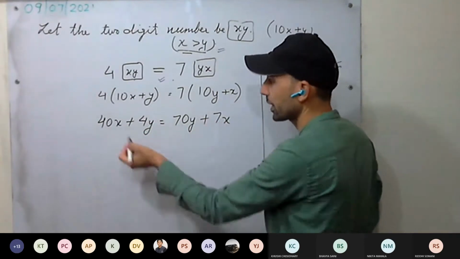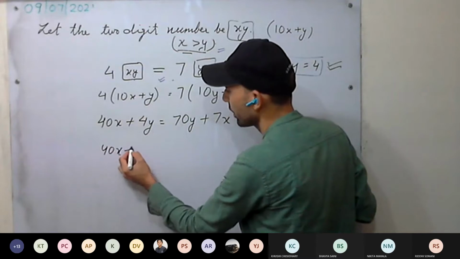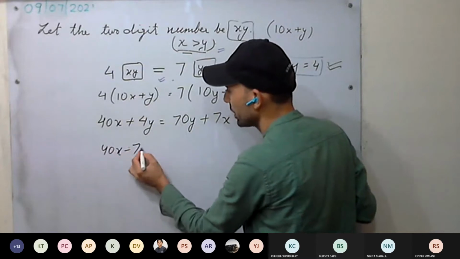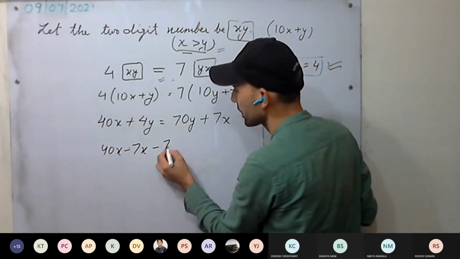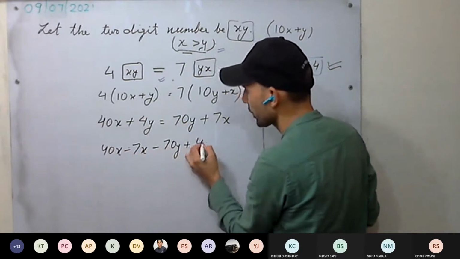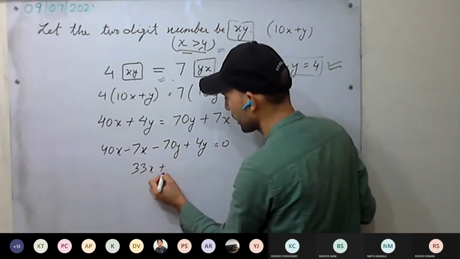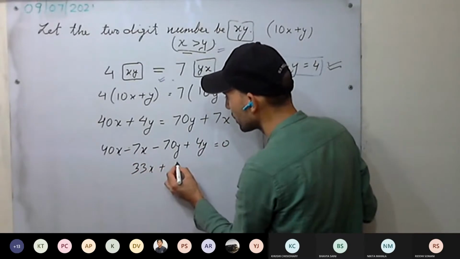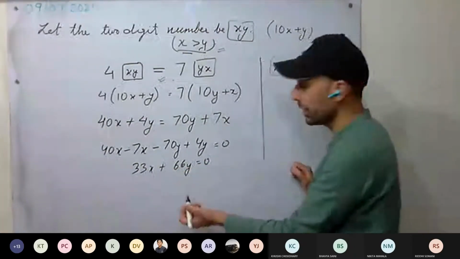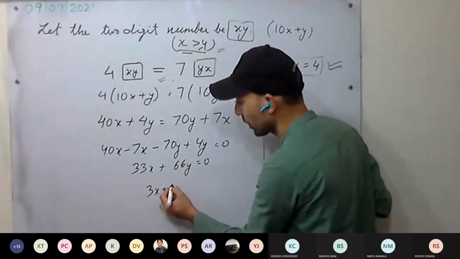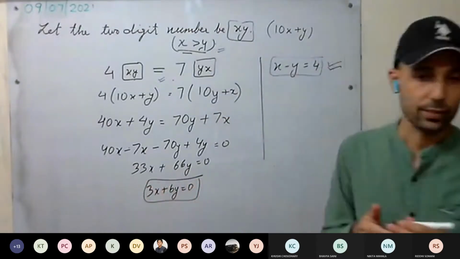Take x on that side. 40x minus 7x, and minus 70y plus 4y equal to 0. So 33x minus 66y equal to 0. By 11 we can divide, 3x minus 6y equal to 0. This will be our second equation.